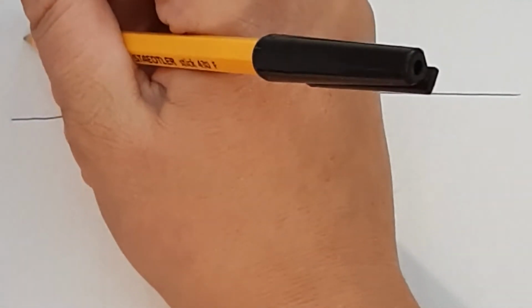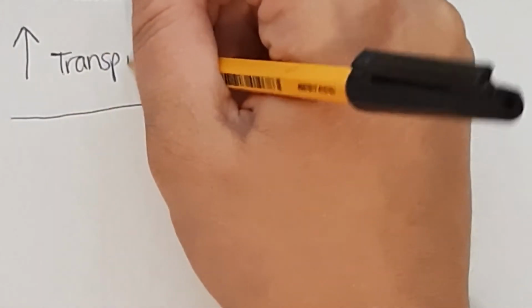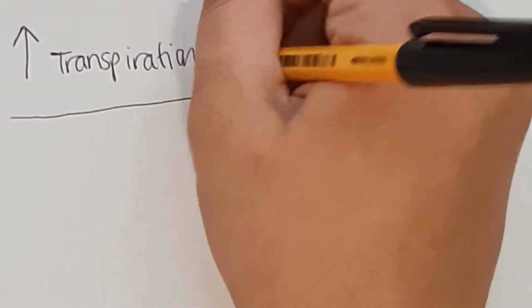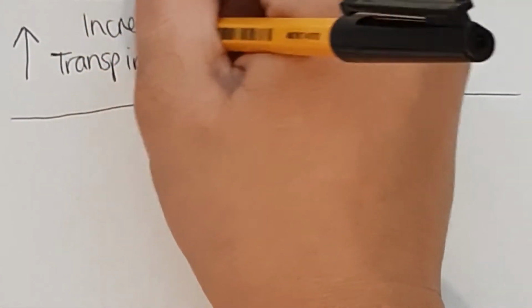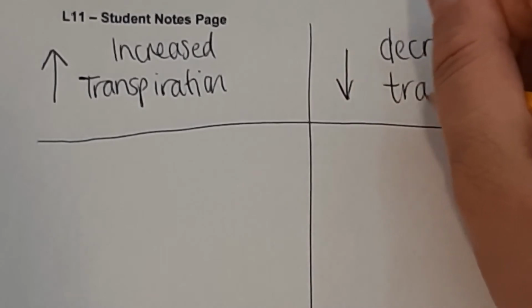So I'm going to do an up arrow to show increased transpiration. I'm going to write increased as well, so we're clear. And then an arrow to go downwards showing decreased or less transpiration. Okay, so this time using a ruler because that was terribly messy.